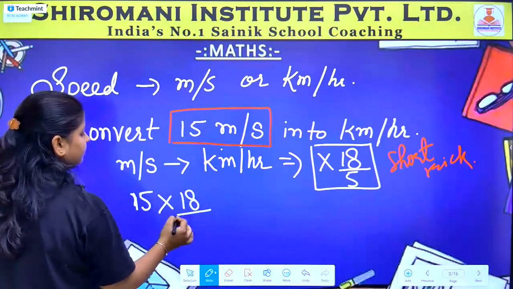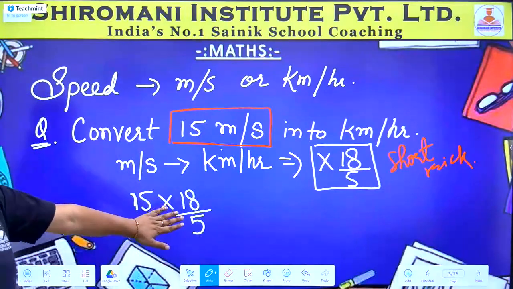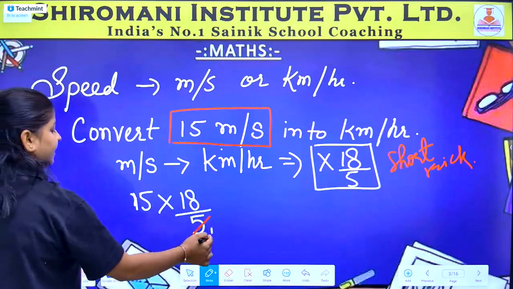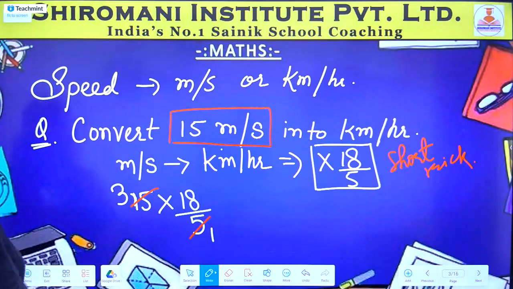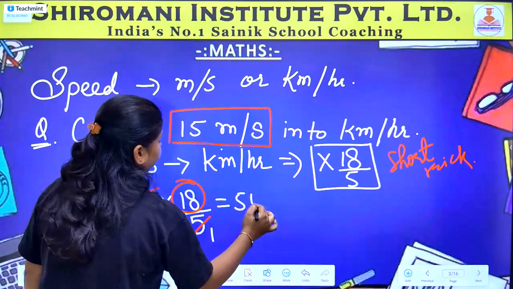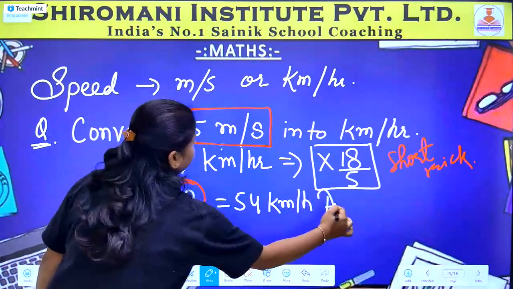So I will multiply this 15 by 18 upon 5. 5 1 is 5. 5 3 is 15. Now 3 into 8. It is 54 kilometer per hour, your answer.